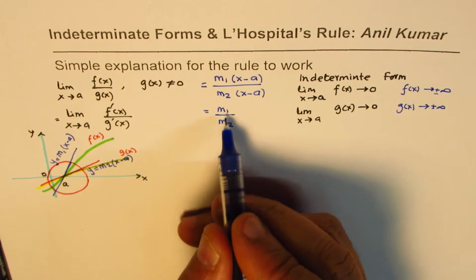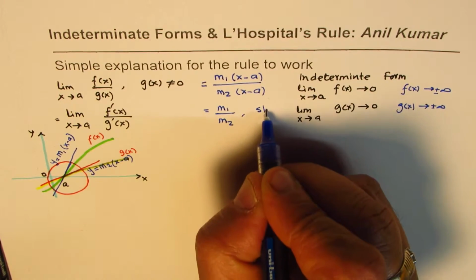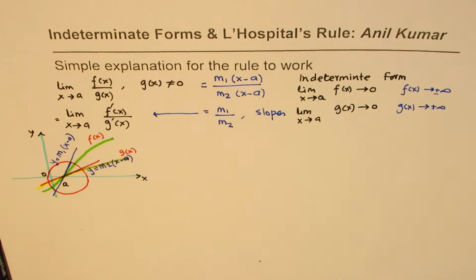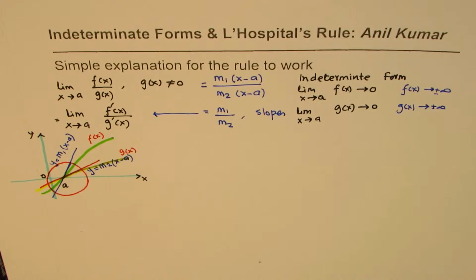Now m1 and m2 are slopes, and slopes are derivatives. So that is how you get f prime x over g prime x. So I hope the concept is absolutely clear.